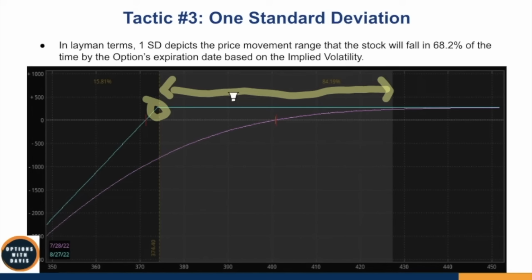Although it's 68.2%, for us as a put seller we have an 84.19% win rate, almost 85%, because anything above this point is also a profit for us. Anywhere from this point all the way to here is a profit. That is why, when choosing the strike price of a put, you want to choose around this one standard deviation to give you an increased chance of winning.